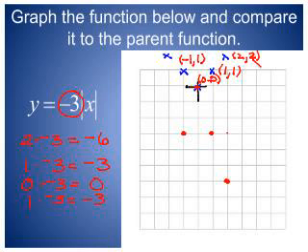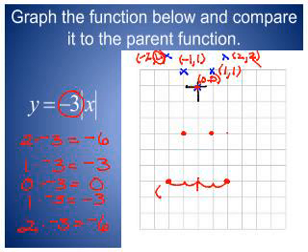So down here, here's my y-axis. This point is 2 units from the y-axis, so I know I'm going to have another point over here 2 units from the y-axis. And if you do the math, this point up here was at -2, 2. The y value is 2. If I take 2 times my factor of -3, I get -6.